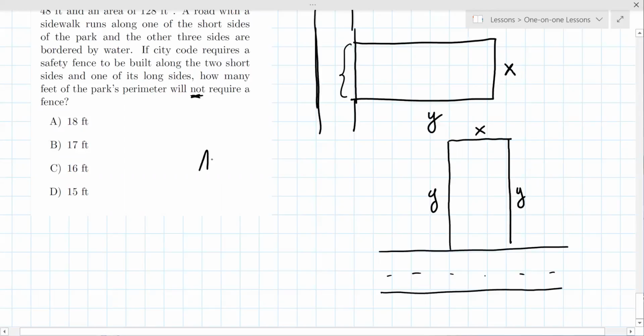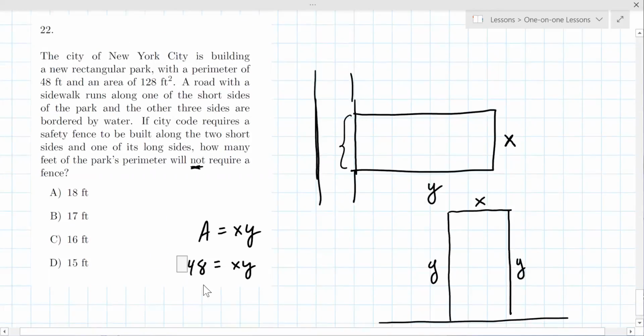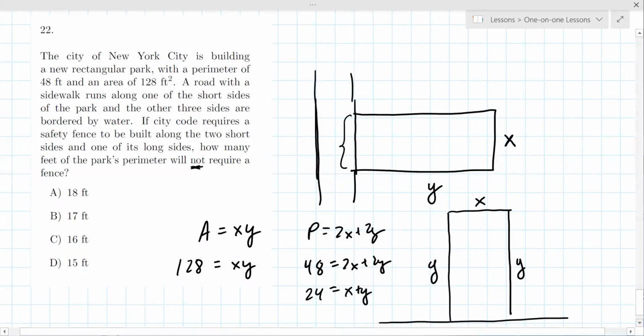So the area here is xy, and I'm sorry, I got the numbers backed up again. 128 is the area. And the perimeter is 48 equals 2x plus 2y. So 24 equals x plus y.